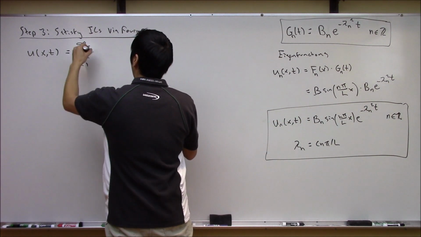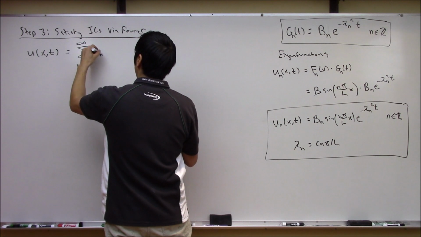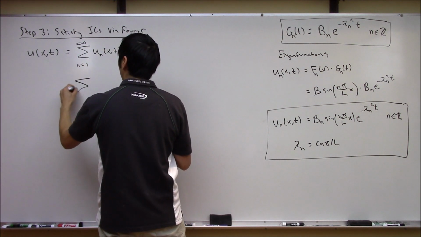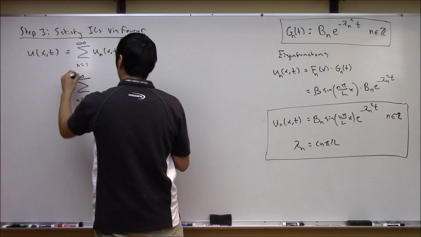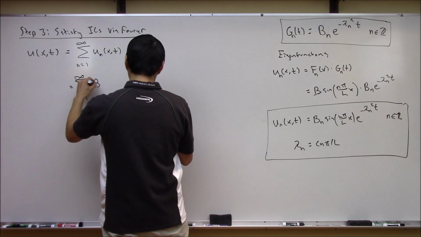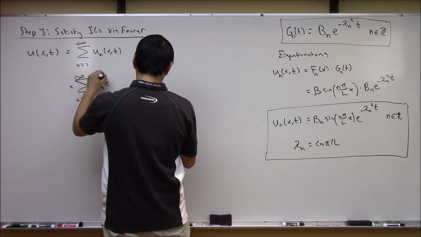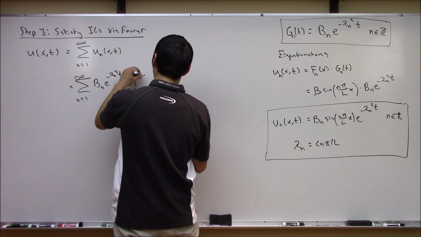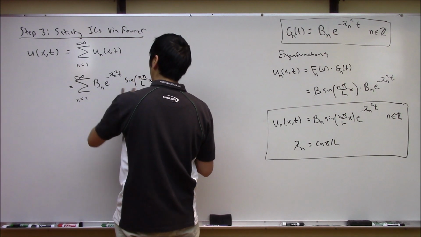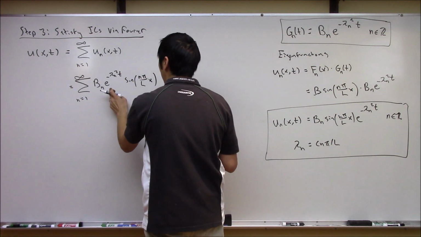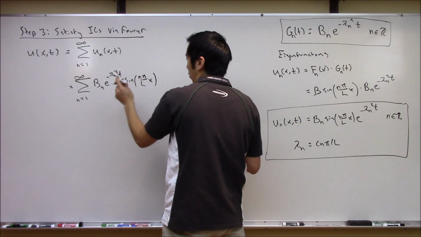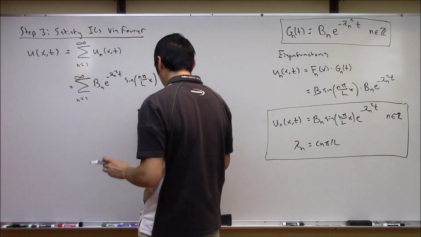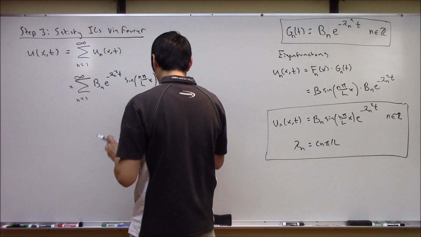If you want to write this out one more time, this is the sum from n equals 1 to infinity of b_n e to the minus lambda_n squared t times sine of n pi over L x. I've just flipped the order of the exponent and the sine. Since they're multiplied together, it doesn't matter, but it will make the comparison a little easier in a second.